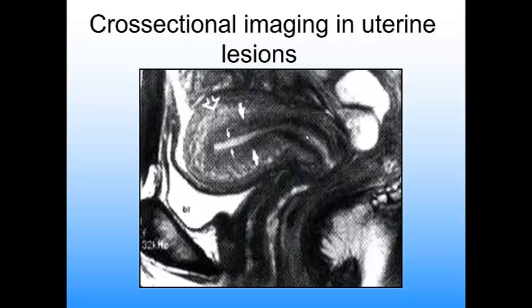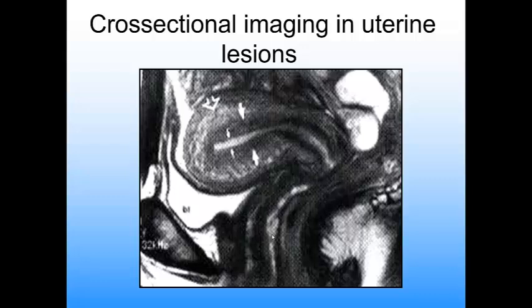Sometimes the endocervical canal is prominent due to cervicitis or the presence of Nabothian follicles. It's not a problem. The main issue is to see whether there is infiltration of the stromal zonal anatomy of the cervix or not.